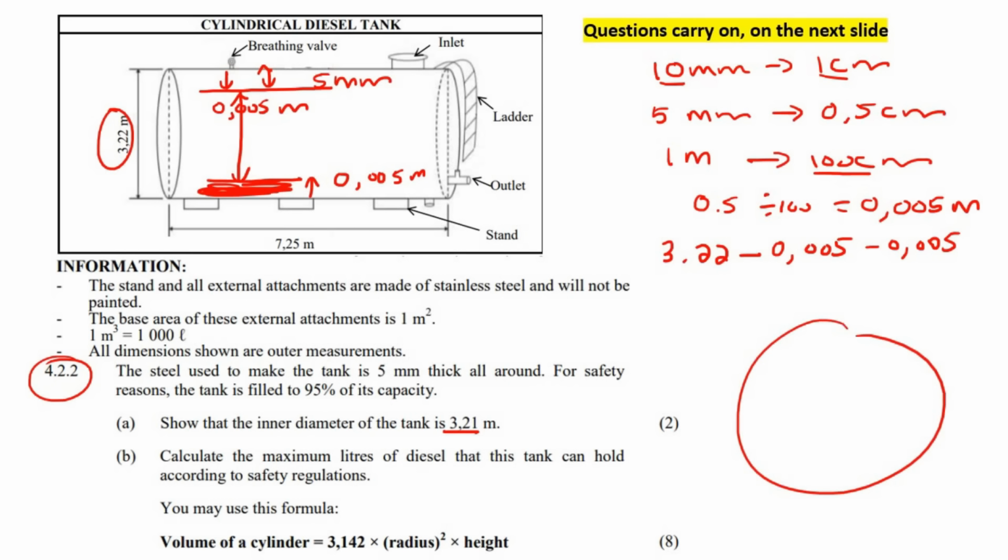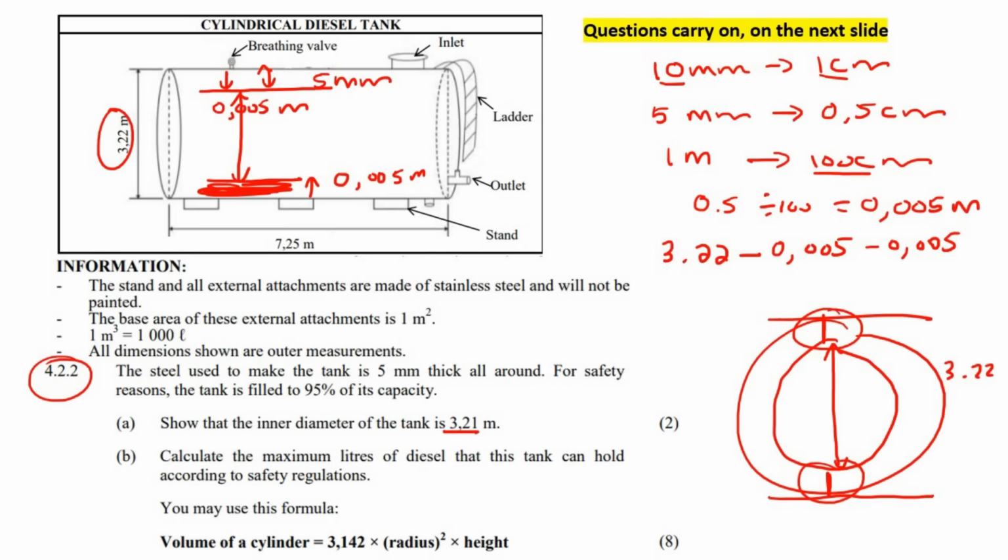You see, if I show you from the front, if the inner tank is like that, then this distance here is 0.005 and this distance is 0.005, and they want you to measure this distance over here, and we know that the outer distance is 3.22. Okay, so you have to minus it there and you have to minus it there, and if you work that out, you're going to get 3.21 meters.